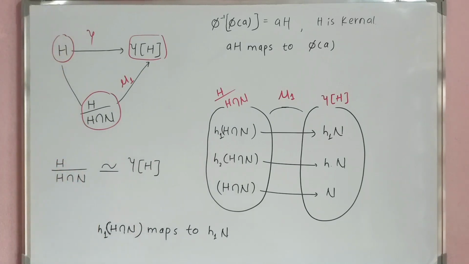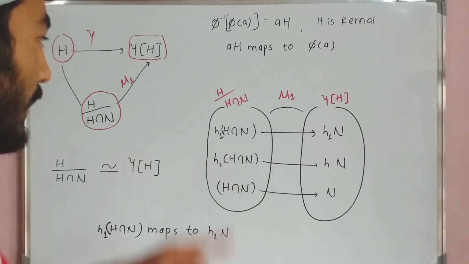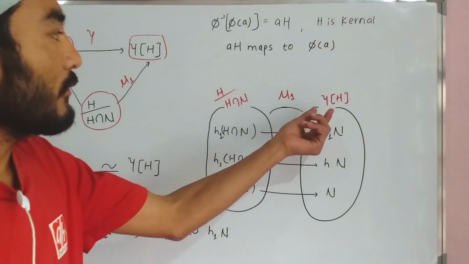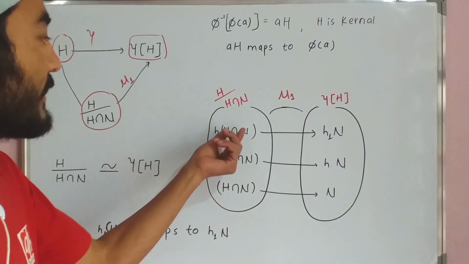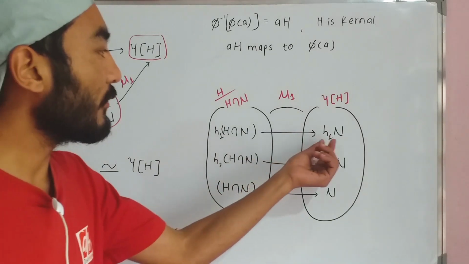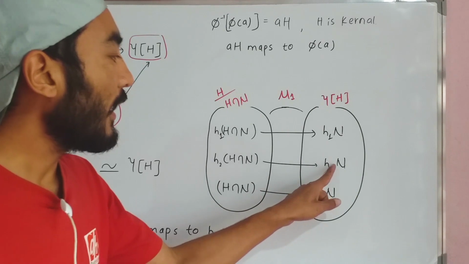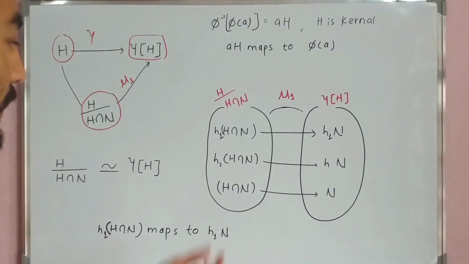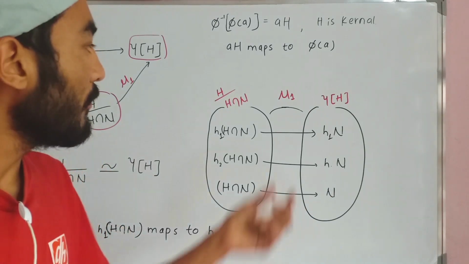And so we have gamma maps the element h1 (H intersection N) to the coset h1N, because the kernel is H intersection N. So we have the function mu1 from the group H by H intersection N to the group gamma H. Mu1 maps the coset h1 (H intersection N) to the coset h1N. Likewise the coset h2 (H intersection N) to the coset h2N, and the coset H intersection N to the coset N. This is the definition of function mu1.